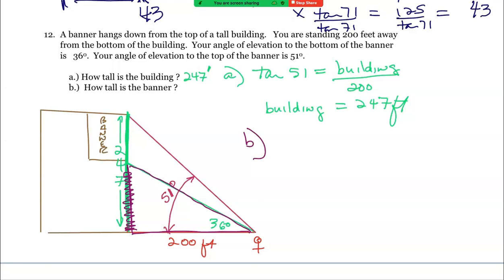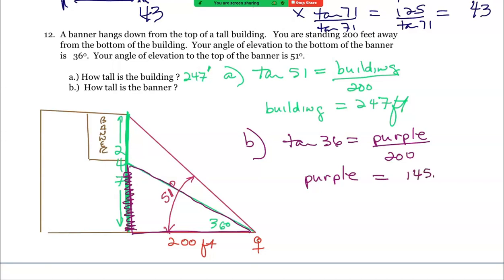So the tan of 36 equals, I'm just going to say purple, purple over 200. Again, one step problem. When I do that multiplication, and I'm in degrees, the purple piece is 145.3. So right here is 145.3. But they don't want that, do they?